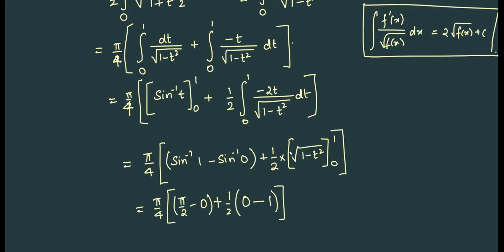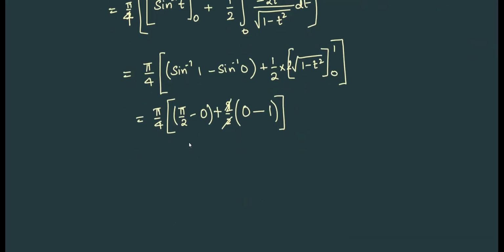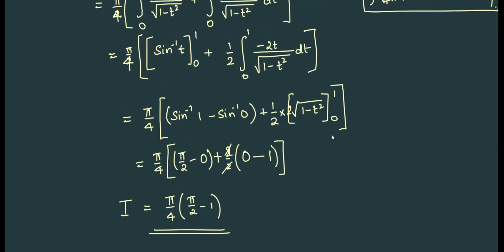It is 2 root of 1 minus t square, so 2 and 2 cancel. So the integral value is pi by 4 times pi by 2 minus 1, after transforming and calculating the integral.